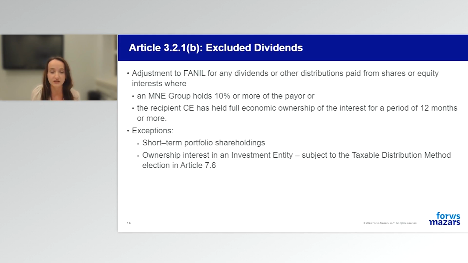In certain cases, dividends from short-term portfolio shareholdings may be exempt under local tax law. And this deviation may lead to a potential decrease of the effective tax rate, the ETR, as the dividend is included as income for Pillar 2 purposes, but there's no corresponding tax as there is an exemption based on local law.